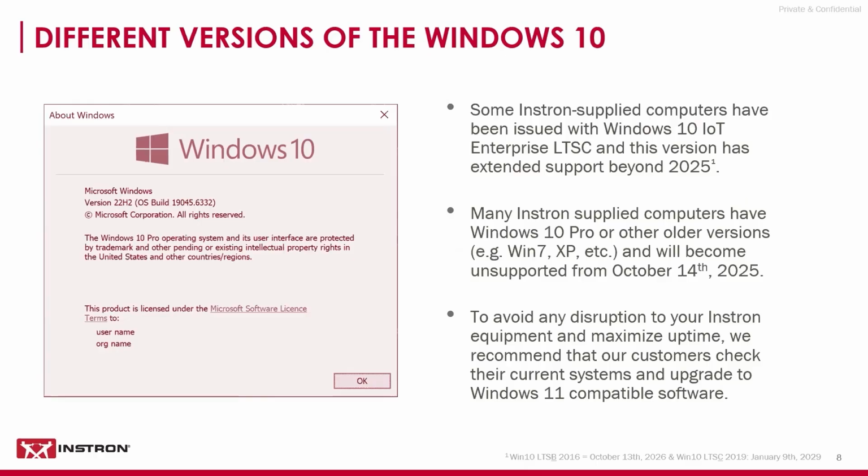Windows 10 Enterprise LTSC will be supported until January the 9th, 2029, given the latest information we have. Many of our computers are supplied with Windows 10 Enterprise. However, the majority of our Dynamic Systems computers or products are supplied with Windows 10 Professional. And that's the version we are really focusing on today. And that will become unsupported from October the 14th, 2025.